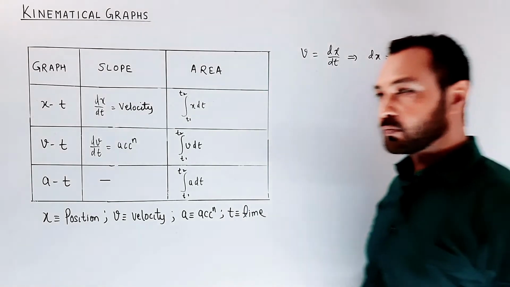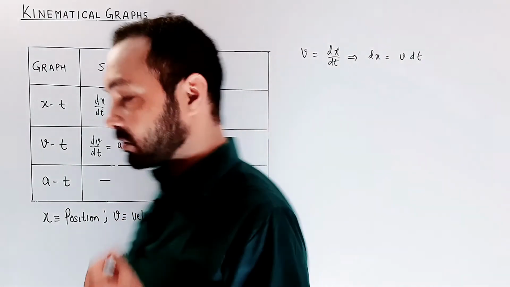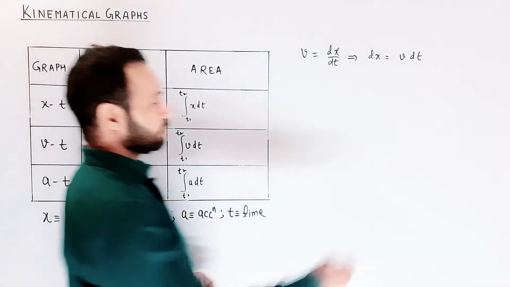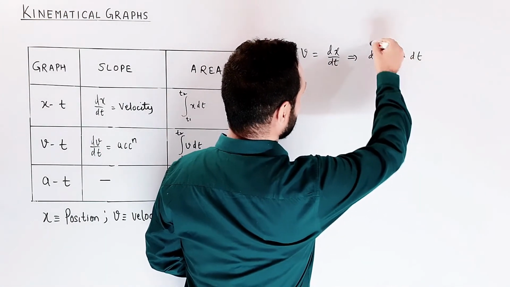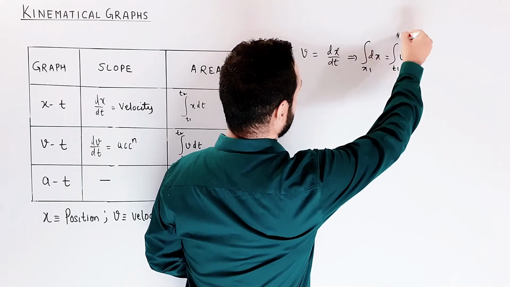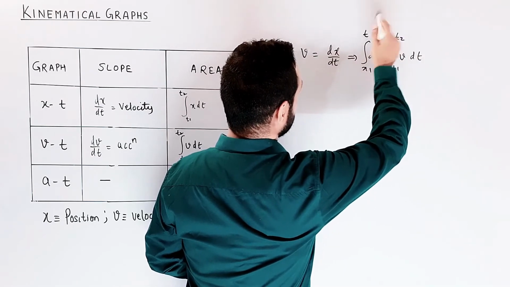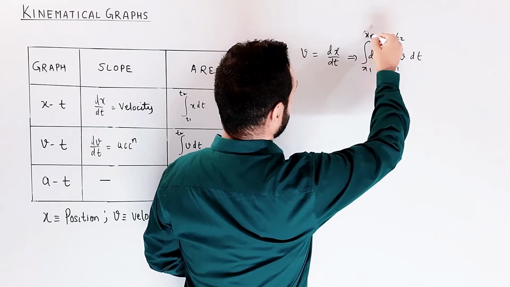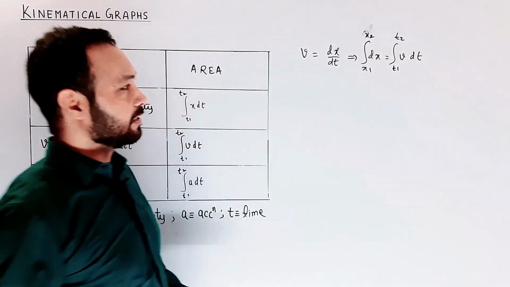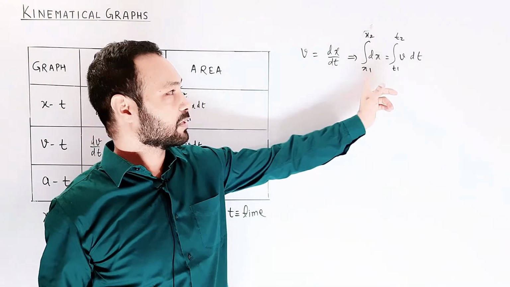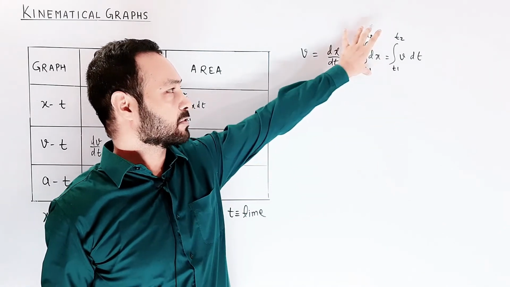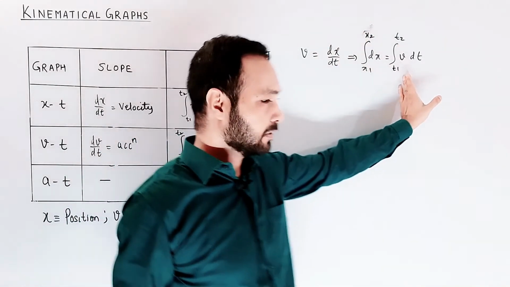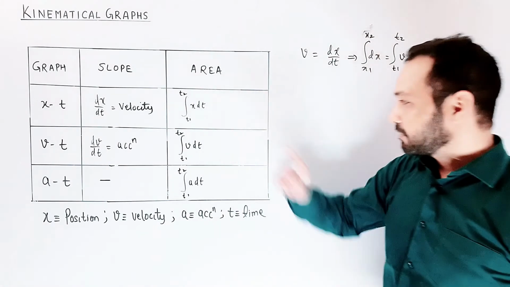Suppose particle is moving, so with time its position is changing. So suppose at time t1 position was x1, at time t2 position is x2. So what is the left hand side? Left hand side is integration will give x2 minus x1, final position minus initial position, that is displacement. And what is the right hand side? Don't you think that this is the right hand side?